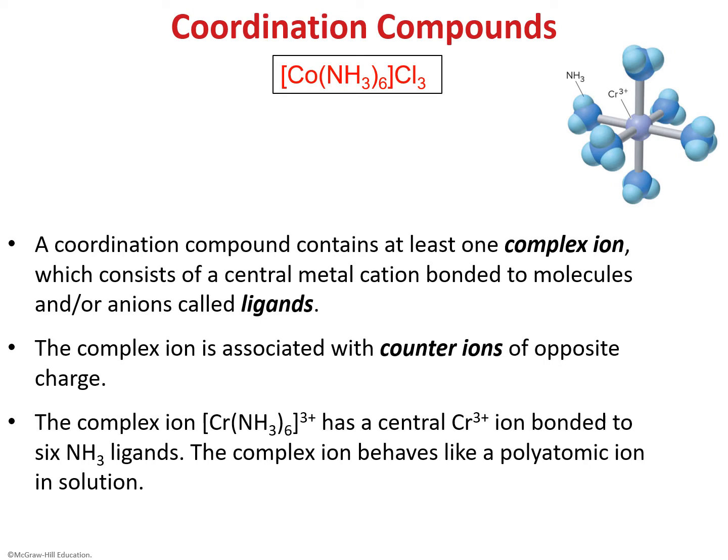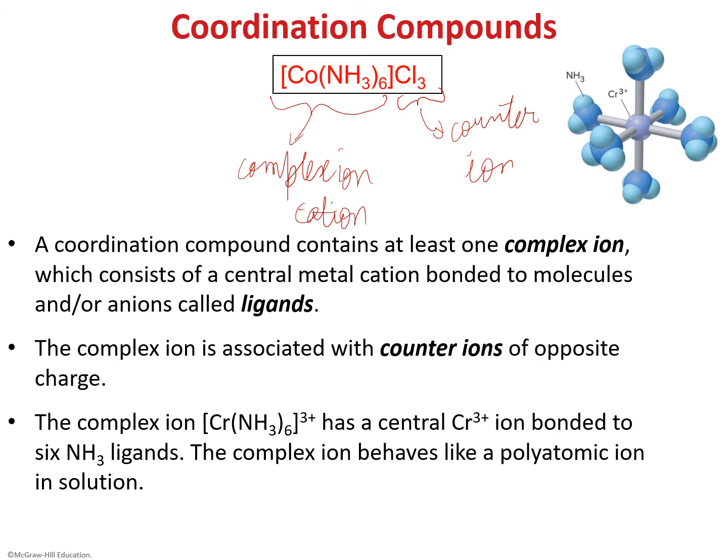Whatever is inside the parentheses is called the complex ion, and whatever is outside is called the counter ion. In this compound the complex ion is acting as a cation. It consists of cobalt and ammonia, and it is a whole ion in itself.